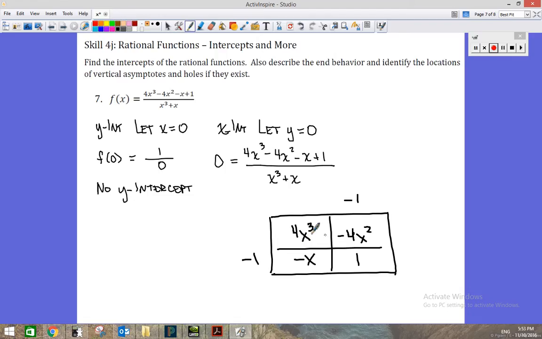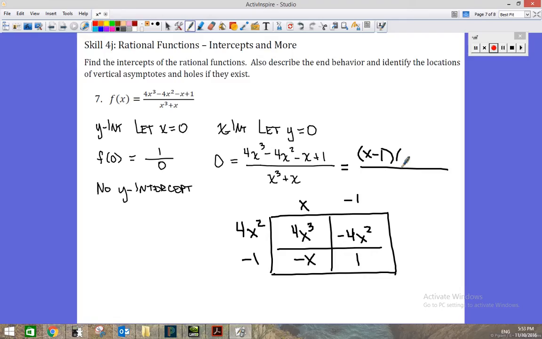And then here I'll have a 4 that divides each of these numbers and x squared. And then over here I'll just have x. So 4x squared times x is 4x cubed. 4x squared times negative 1 is minus 4x squared, and a negative times negative is positive. So that allows me to factor this numerator to x minus 1. Well, 4x squared minus 1 is the difference of squares.